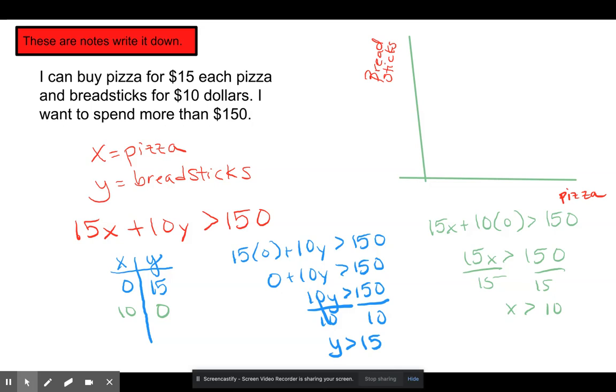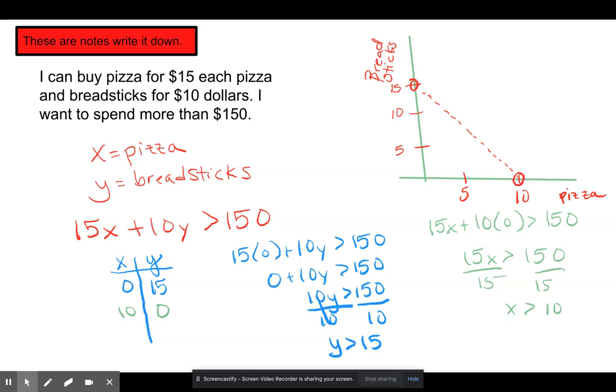I'll go by 10 or 5s. 5, 10, 15. Open circle because it's greater than. Then I have the point 10, 0. 5, 10. Open circle. Of course, as a review, it's a dotted line.